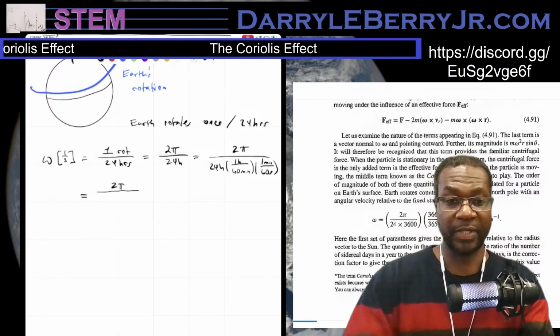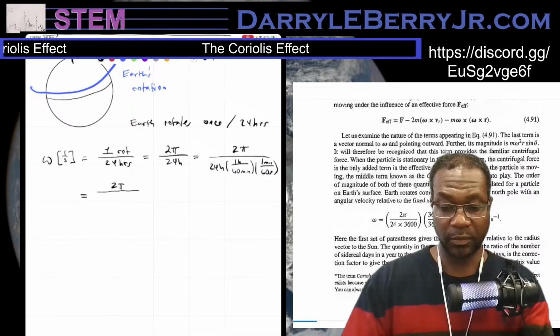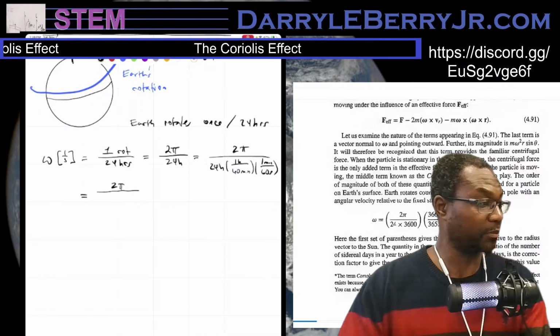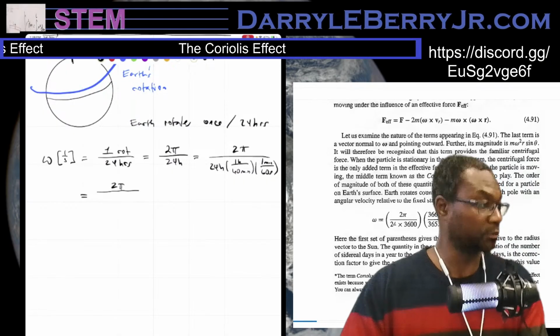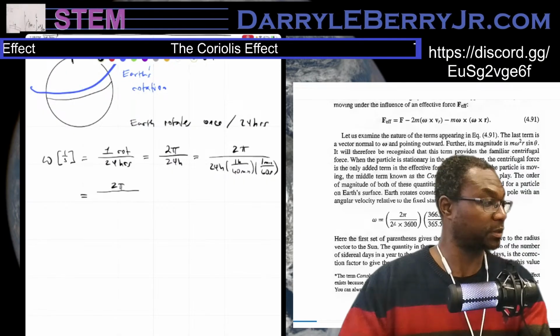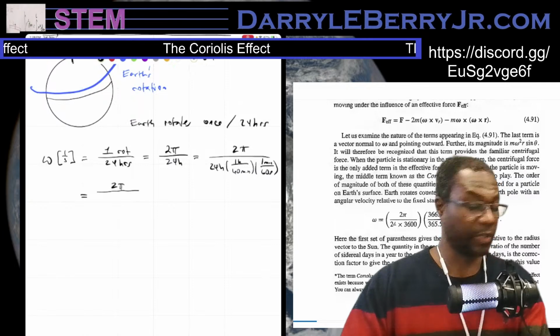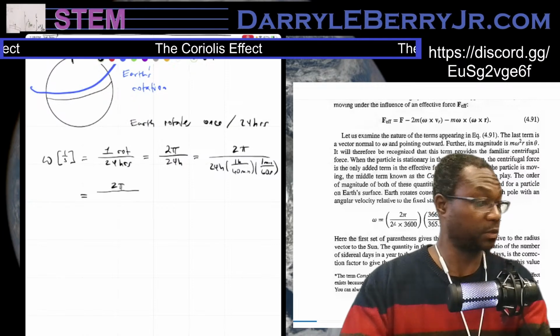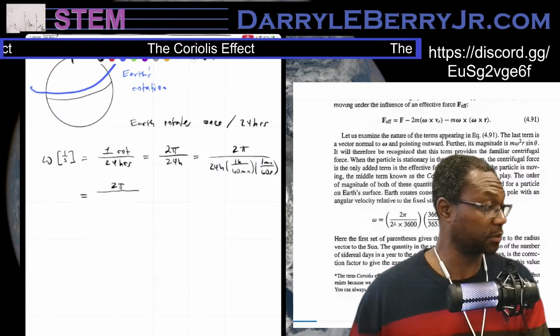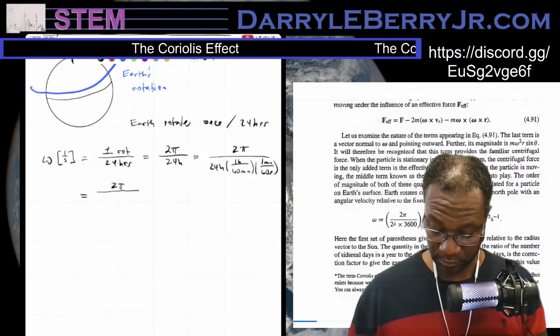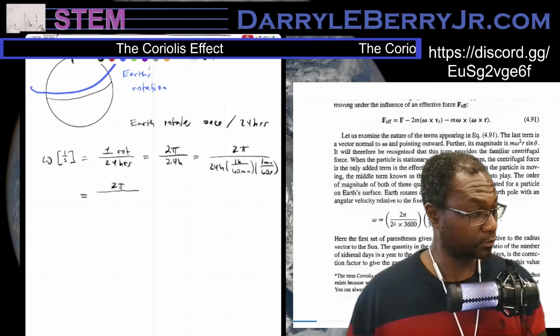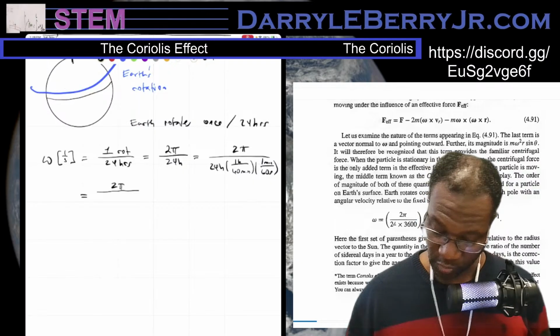I'll calculate that really fast. So 24 divided by 60 divided by 60 equals... that's wrong. Yeah, that's what I did.